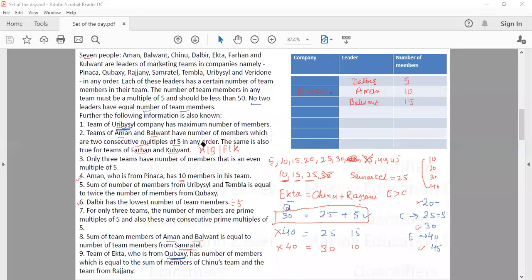So it simply means that Ekta has 30 members in her team, Chinu has 25, and Rajani has 5 members in the team. So the first company with 5 members is Rajani's, right? And Ekta has 30 members in the Quebec team, and Chinu has 25 members in the Summertel team, right?